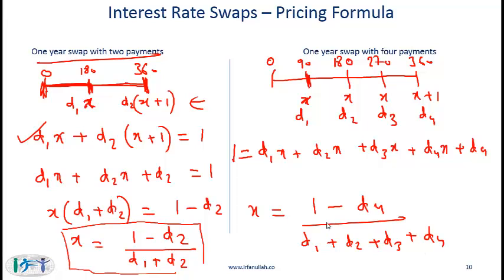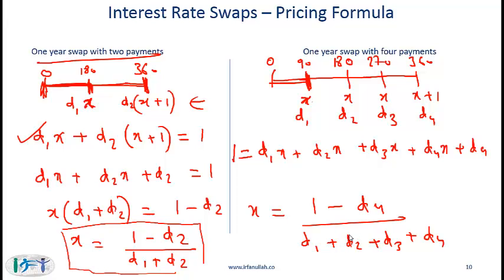So I hope you see the pattern. The pattern is that your fixed payment at every period is equal to 1 minus the discount factor for the final payment divided by the sum of all the discount factors. All right, so we can call this the formula for the fixed rate.